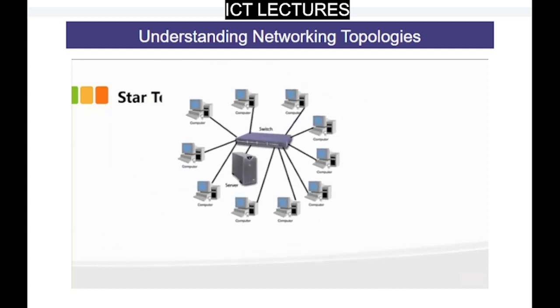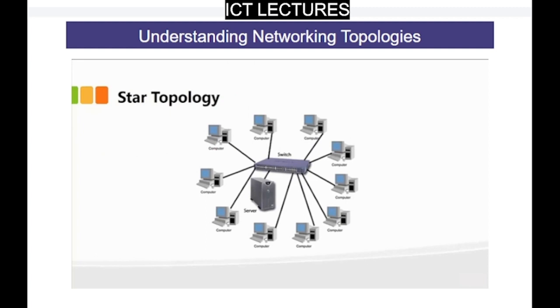Then we have the star topology, where you have a bunch of computers. They're connected through a device called a switch or a hub, basically a centralized device. All of the cables go into the device, and then of course that device connects to the centralized server through a cable as well.